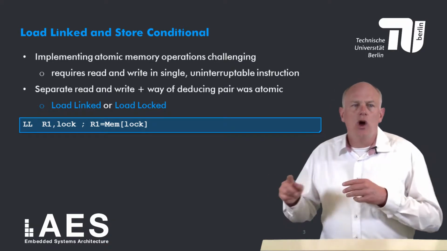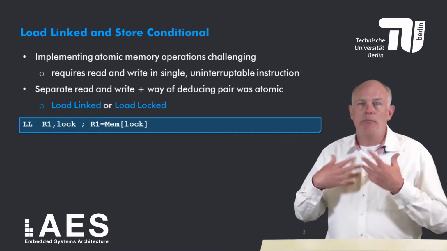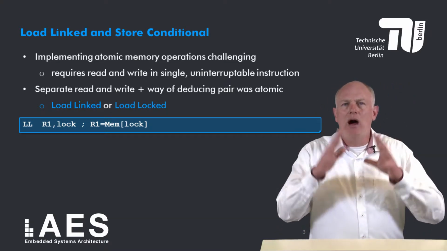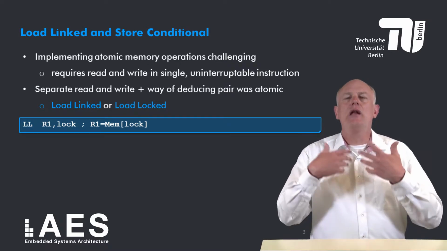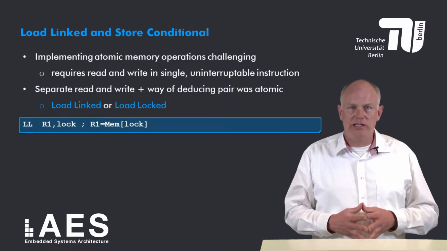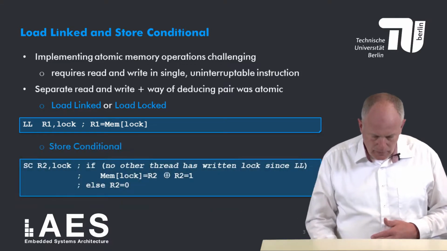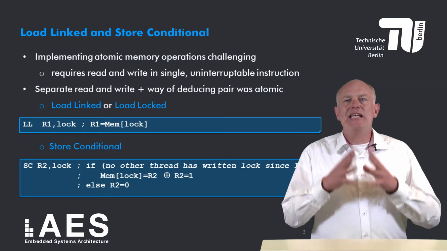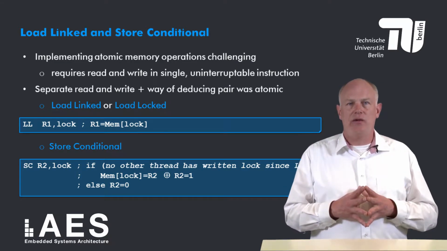This instruction loads the log variable from memory just as a normal load instruction. Somewhere, however, it is noted that a load linked instruction was executed. Sometime shortly after the load linked, a store conditional instruction is executed.